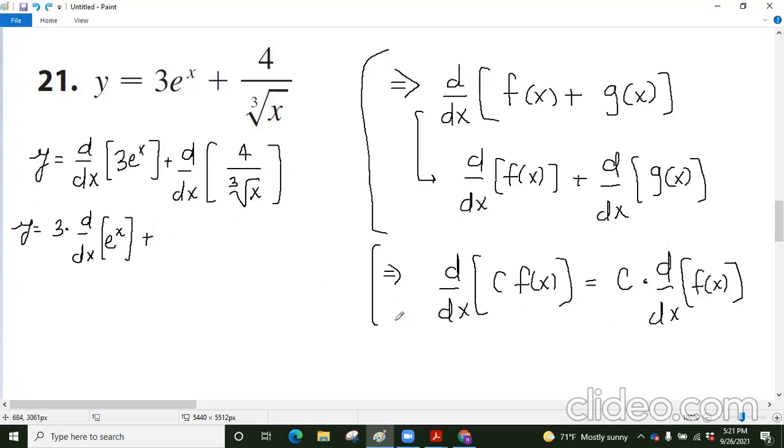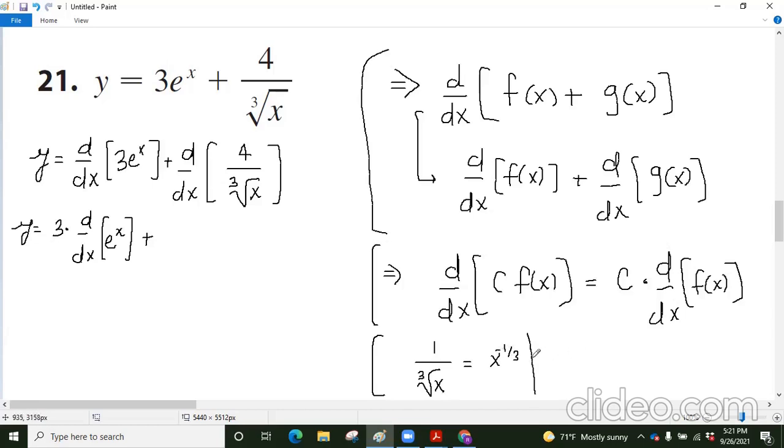And I want to also elaborate another fact that, if I have 1 over 3 to the x, this is the same thing as x to the negative 1/3.